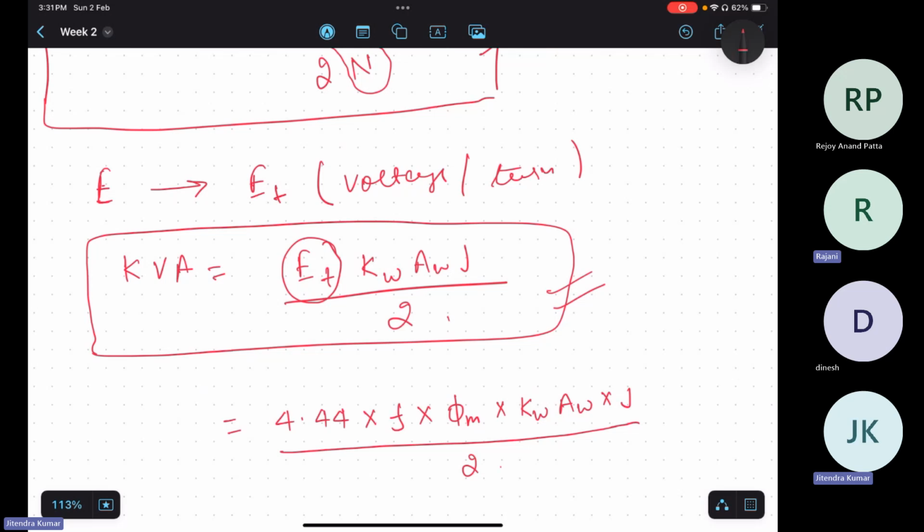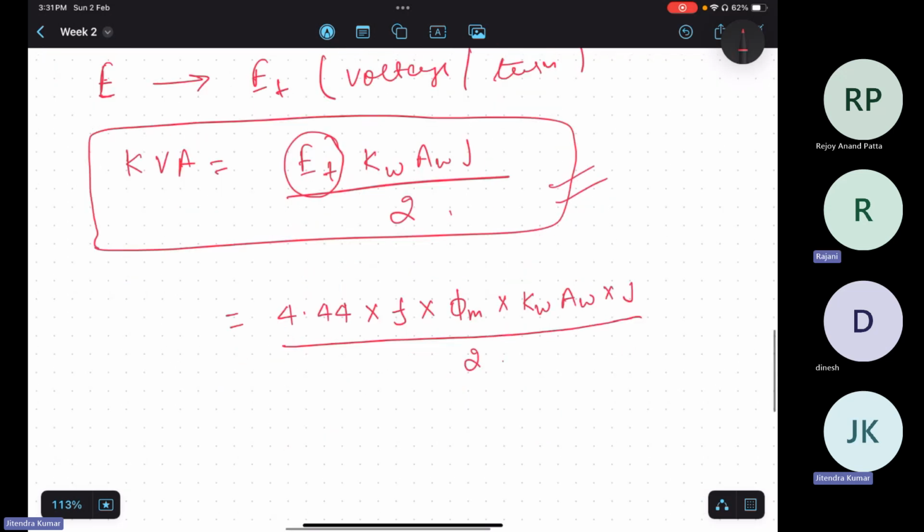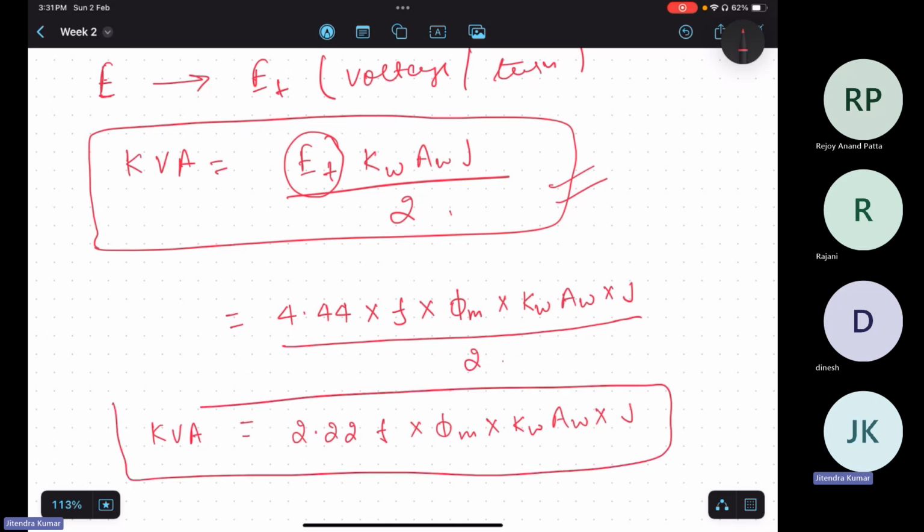Further simplified, it will be 2.22 into F into phi m into KW AW into J. So this is your kVA rating of the machine. It will be used very widely while solving problems.